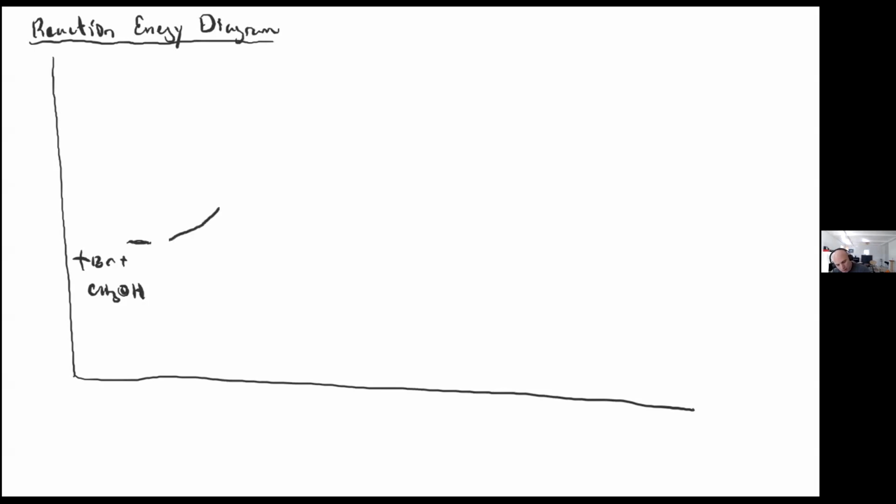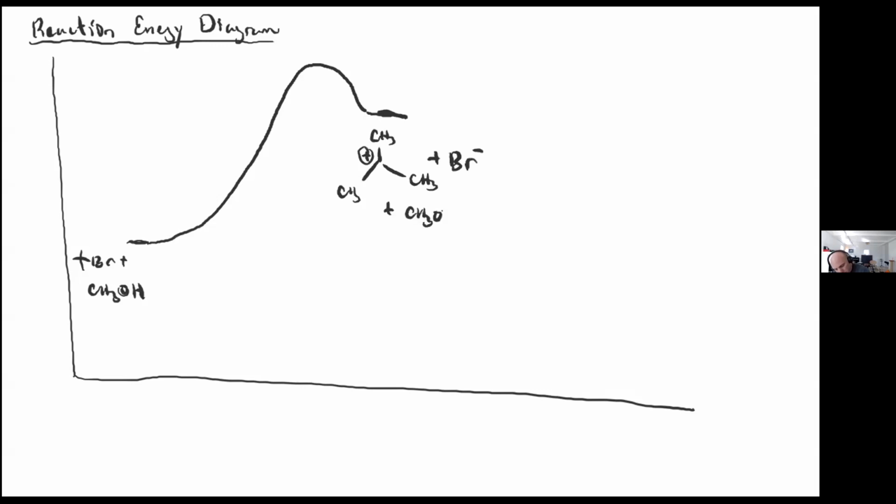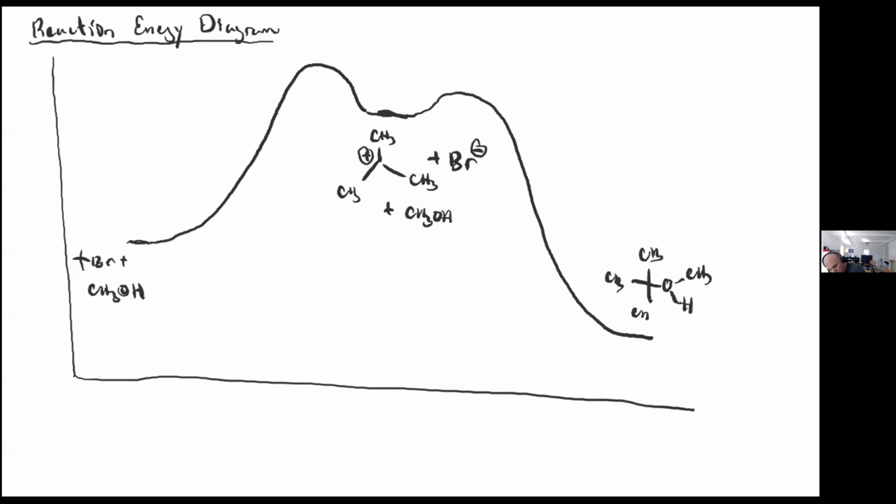So I'll go up and cleave the C-Br bond to make a cation plus Br minus, okay, plus methanol. And then in a second step, I'll trap to form my protonated product. Okay, and I'm going to stop there. Obviously, there's a proton transfer to finish the reaction, but this is all that we really care about.